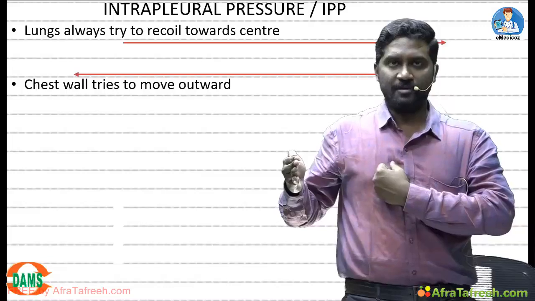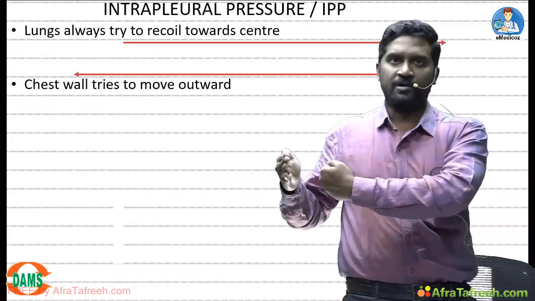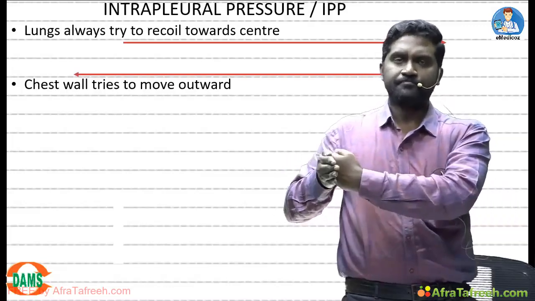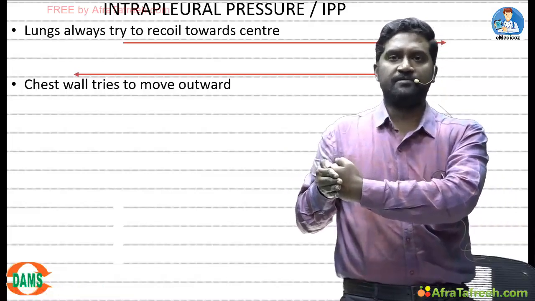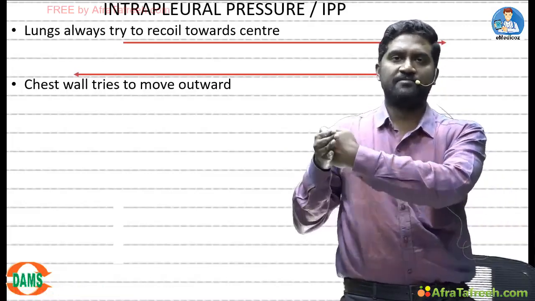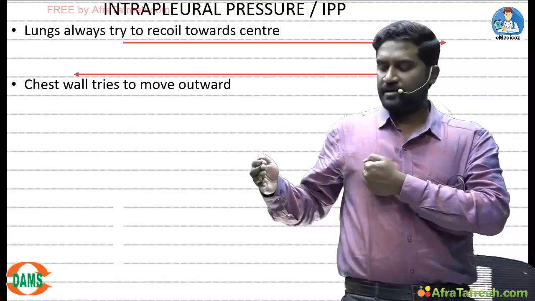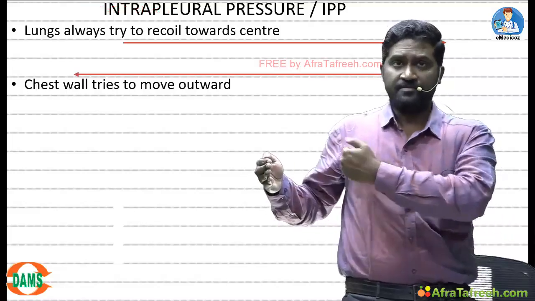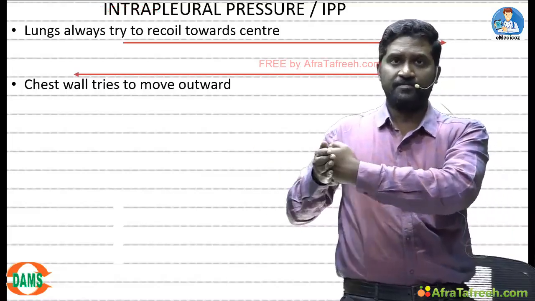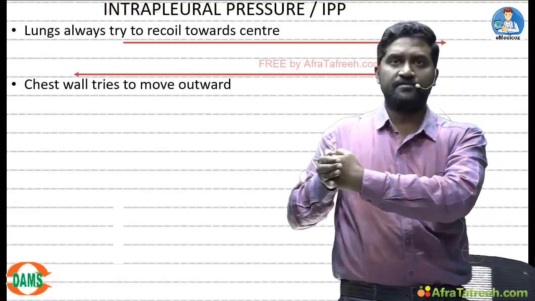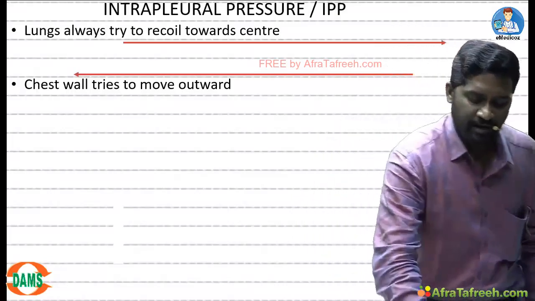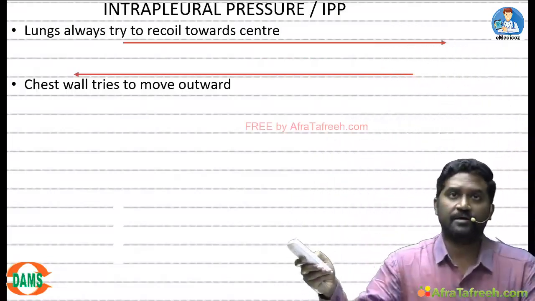This intrapleural pressure brings the lung to an equilibrium volume and the chest wall to an equilibrium position, so that your inspiration and expiration are comfortable.